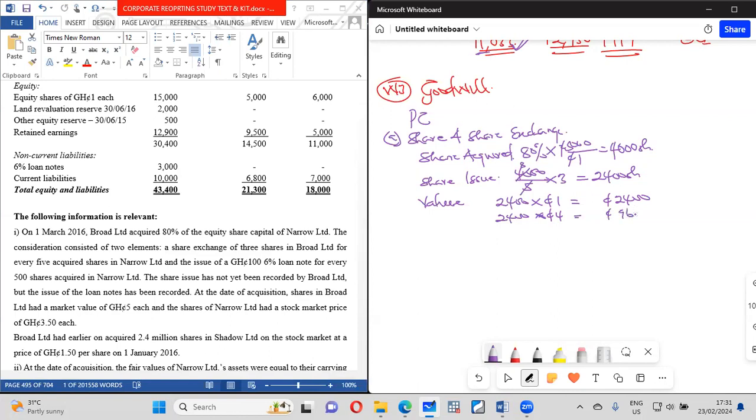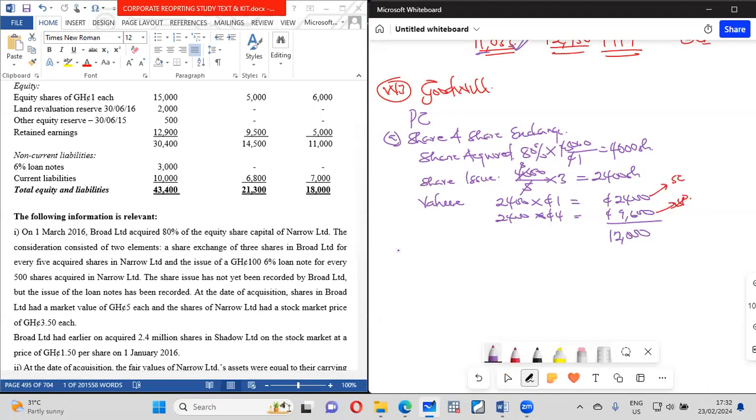So when it comes to the share for share, what we have is a value of 12,000. Bear in mind, I split this because this part goes to the stated capital from our very first basic consolidation, and this will be going to share premium. If I didn't create a share premium, I'll put this one under other equity.